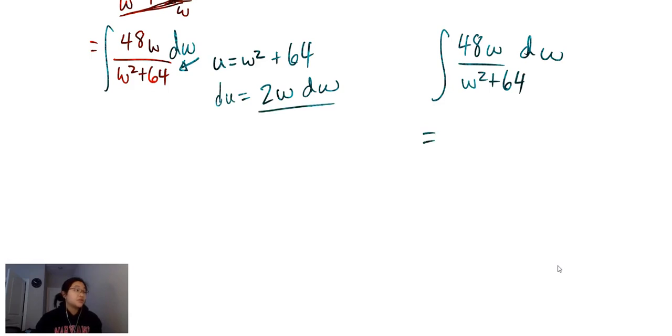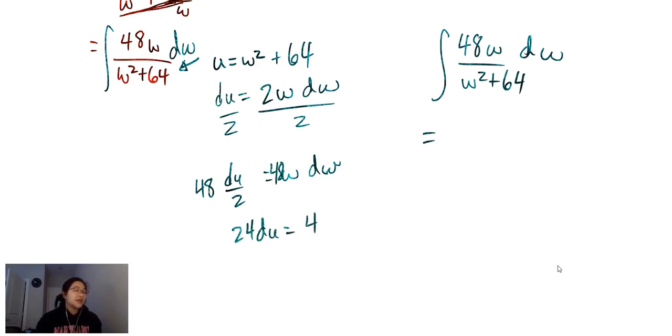of, let me divide by 2. So we got du over 2 equals w dw. But now we have 48 of that, so we have 48 on both sides, so that's 24 du's equals 48 w dw's.